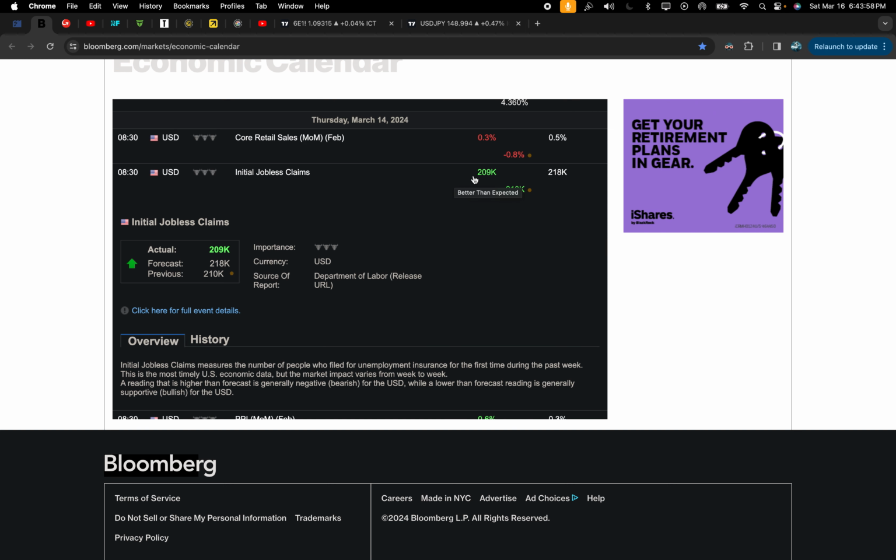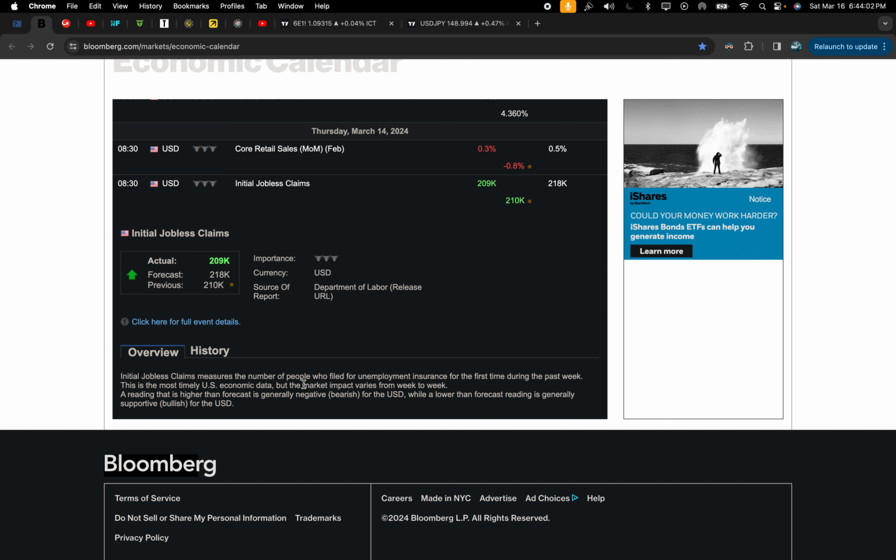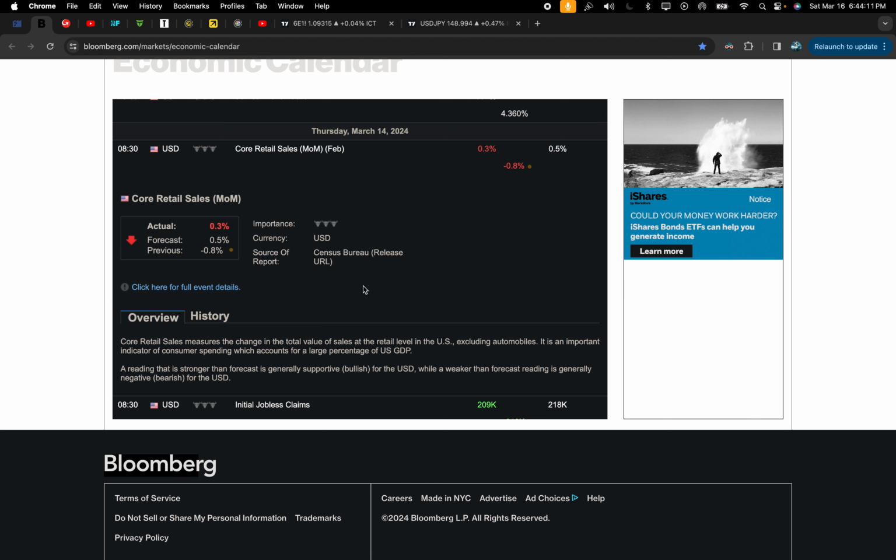So then this one was lower. A reading that is lower than forecast is generally supported bullish for the USD. So this would have been bearish. But this was expected, so that's bullish.